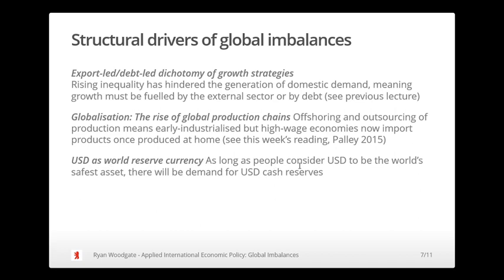And so long as people consider the US dollar to be the world's safest asset, the most liquid asset, the one that is most likely to retain its value over time, then there will simply be demand for US dollar cash reserves. If you are in Thailand and the baht is not holding its currency very well, then you may want to hold on to US dollar instead.